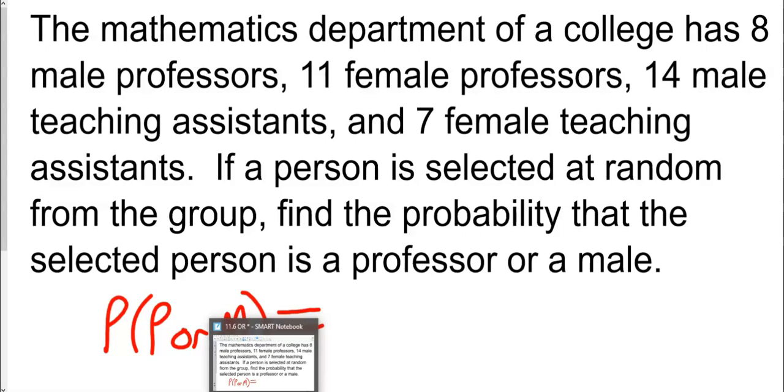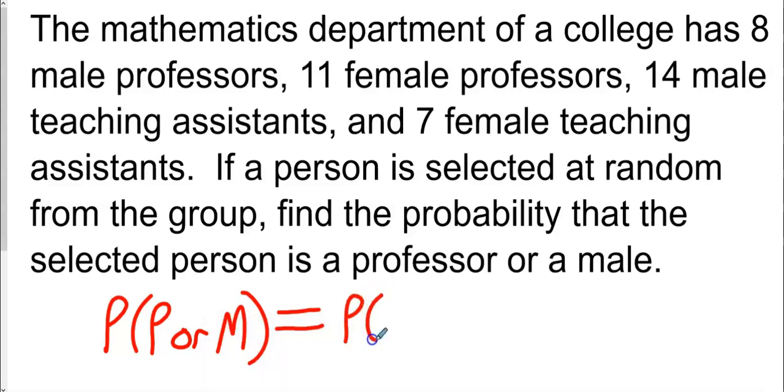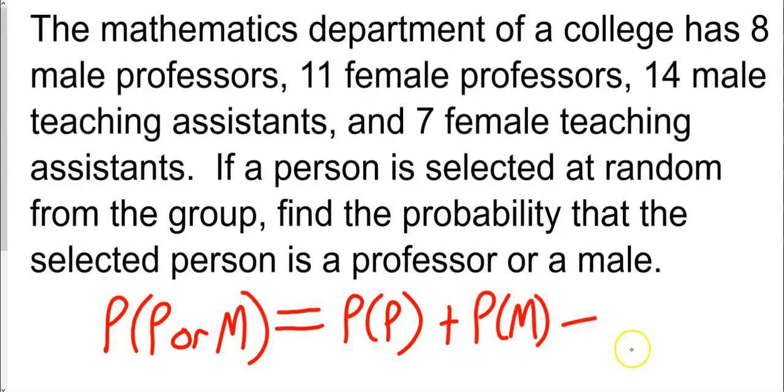It tells you right up there how many there are. So what we need to do then, since this is not mutually exclusive, we're going to find the probability of being a professor. We're going to add that with the probability of being male. And then we need to subtract out all the probabilities of being a professor that is male.